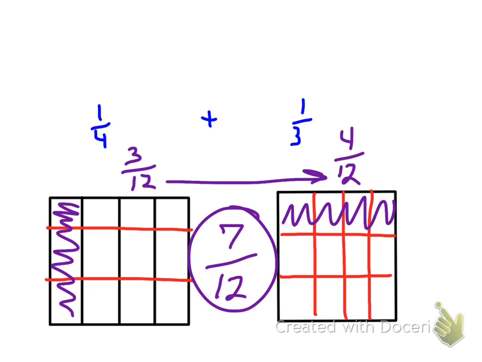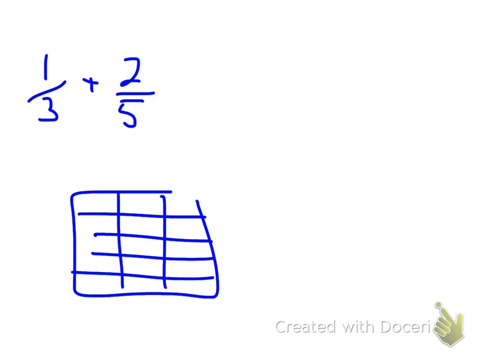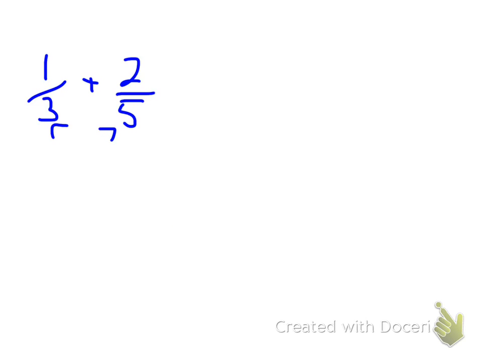So how can we do that without actually making a diagram? Let's say I have a 1/3 plus a 2/5. If I thought about making a diagram and splitting one into 3 and the other one into 5, I would essentially be multiplying these two numbers together. So I could always find a common denominator by multiplying those two.